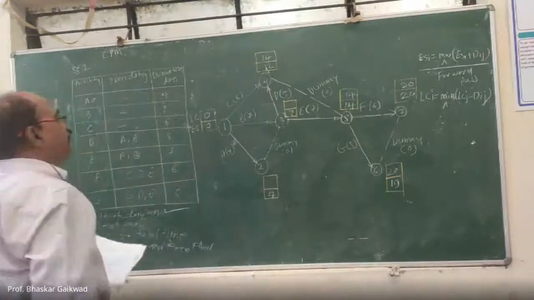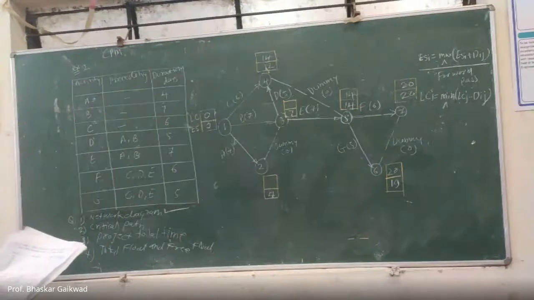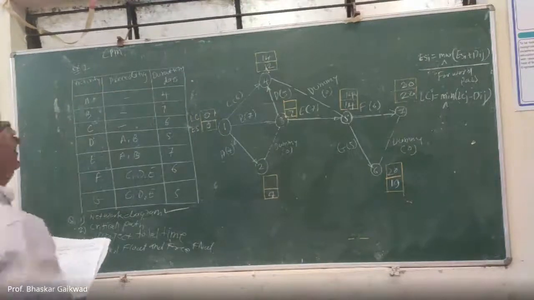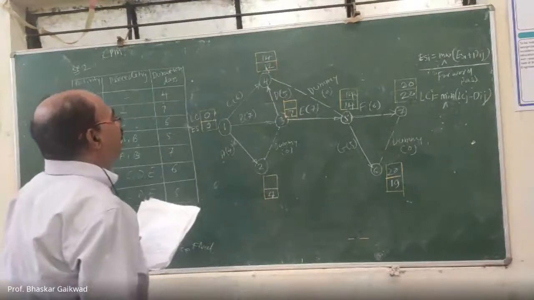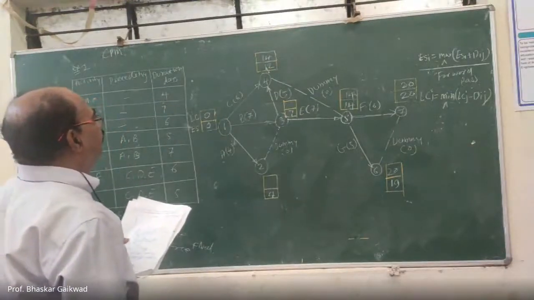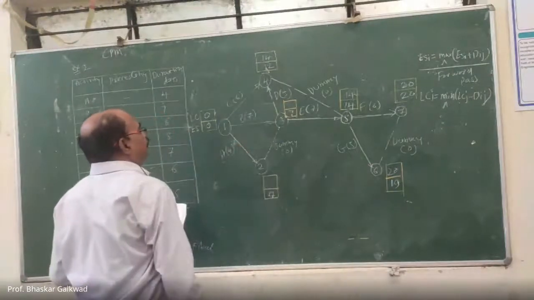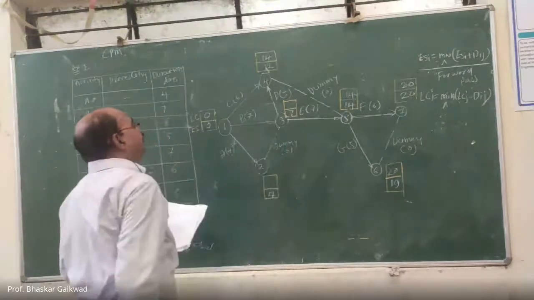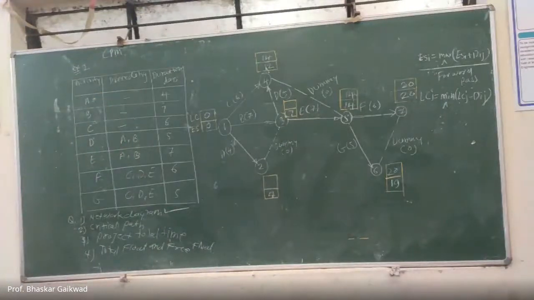Then you come to third. LC is 14 minus 5. How much there? 9. Here again 2 activities are there, but we required 3 only. So 14 minus 5.